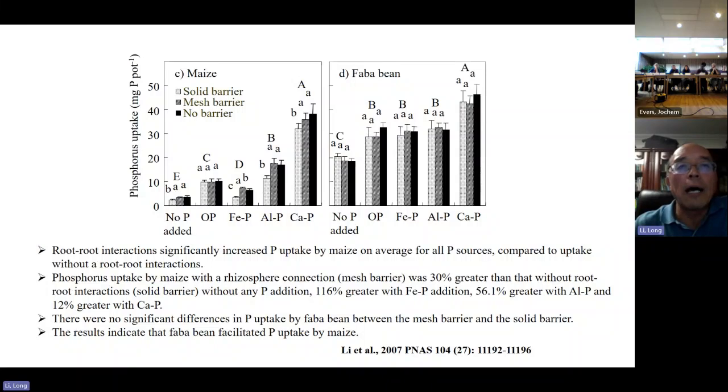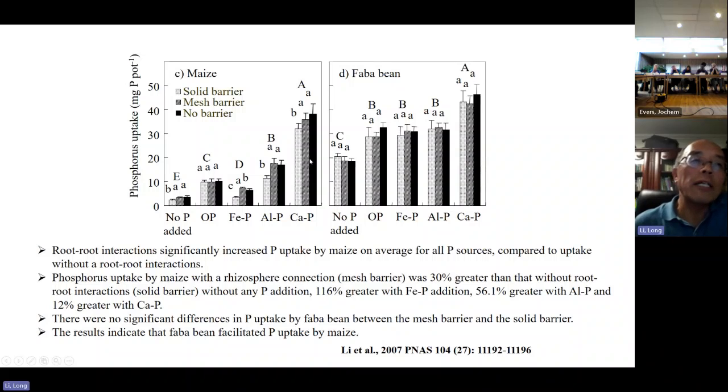160% greater with iron phosphorus like this, and 56% greater with alumina phosphorus, and 12% with soluble phosphorus like this.